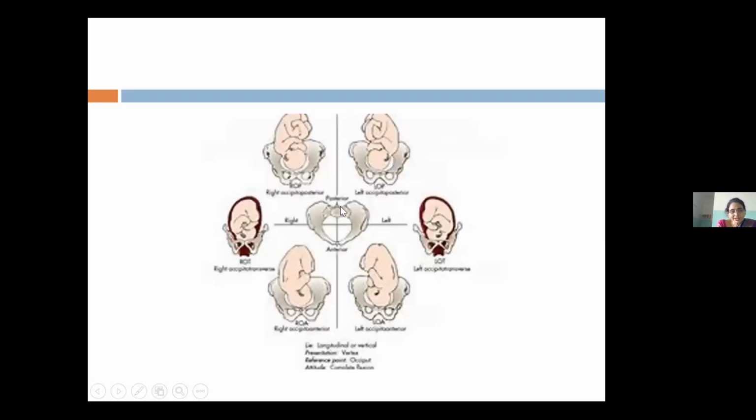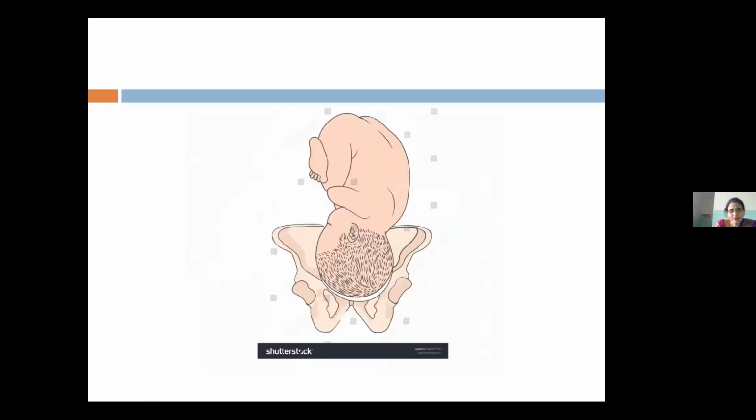So the same thing is depicted in diagrammatic representation. So this is the pelvis and this is the pubic symphysis and the sacrum. So in relation to that, right side and left side, all the positions are described. So as you can see here, the occiput is the denominator, and in relation to the pelvis, this is the left side of the maternal pelvis.